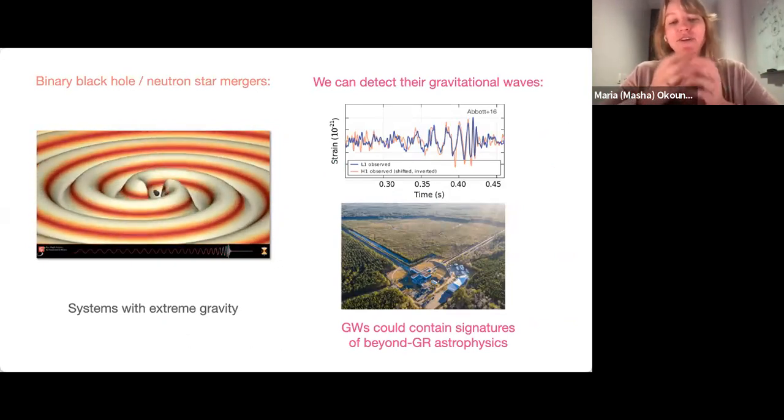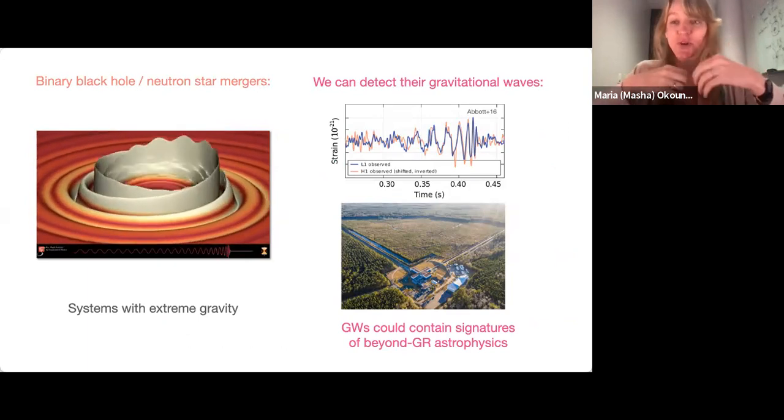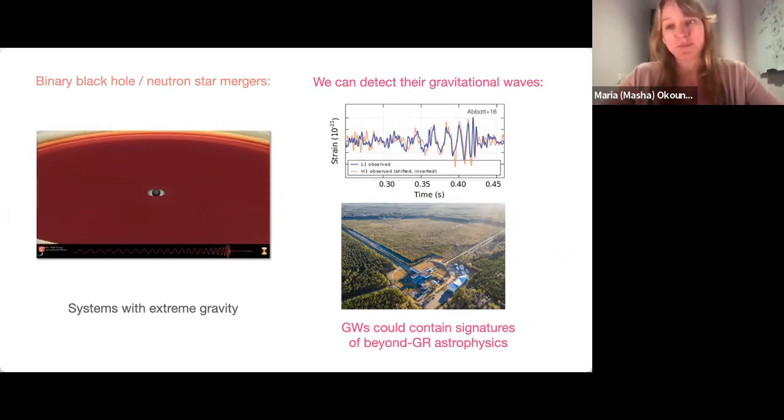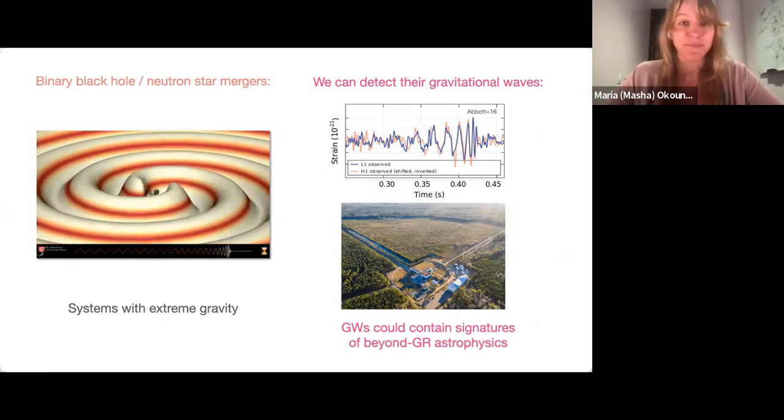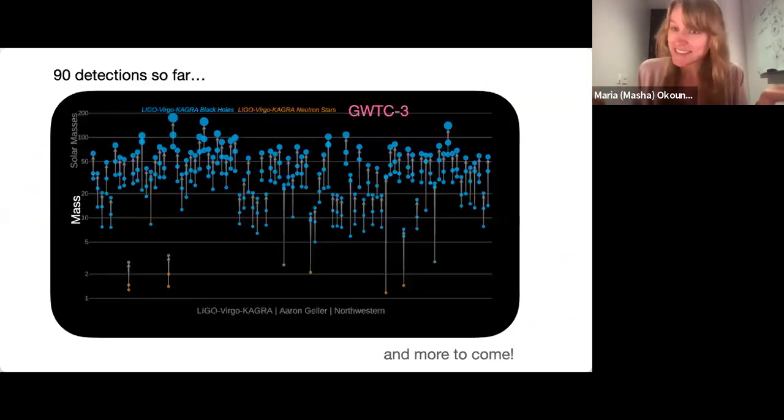The idea is that the gravitational waves that we detect could potentially contain signatures of beyond-GR astrophysics. There have been over 90 gravitational wave detections so far, and even more to come. So these are systems that we can now study.